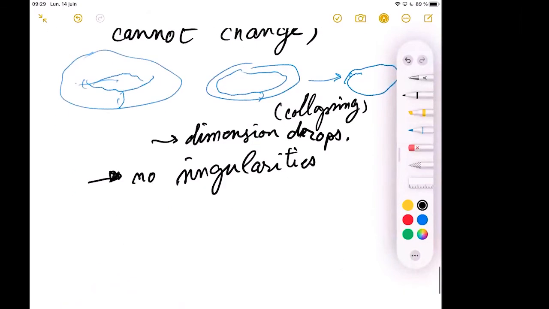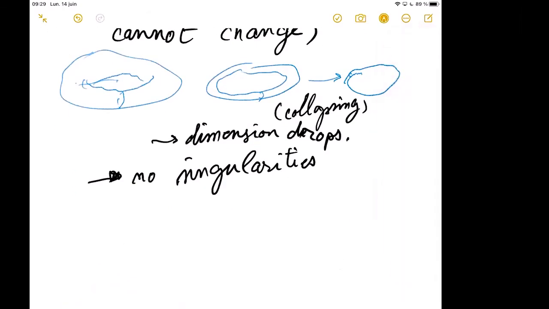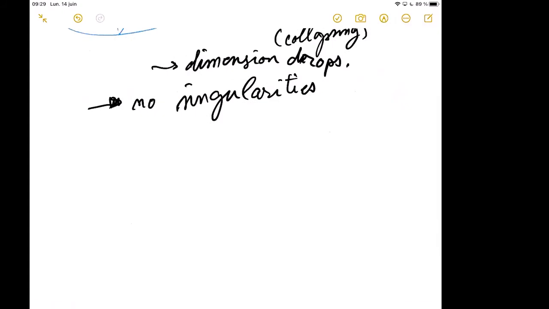For instance, you can write a formula for that. So consider a smoothing of the cone.